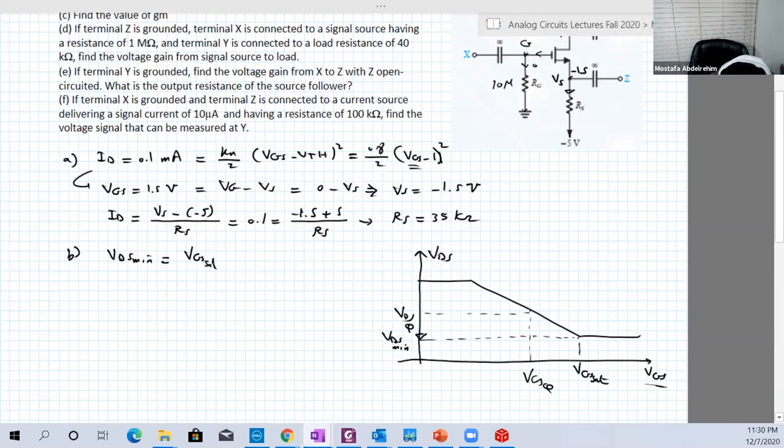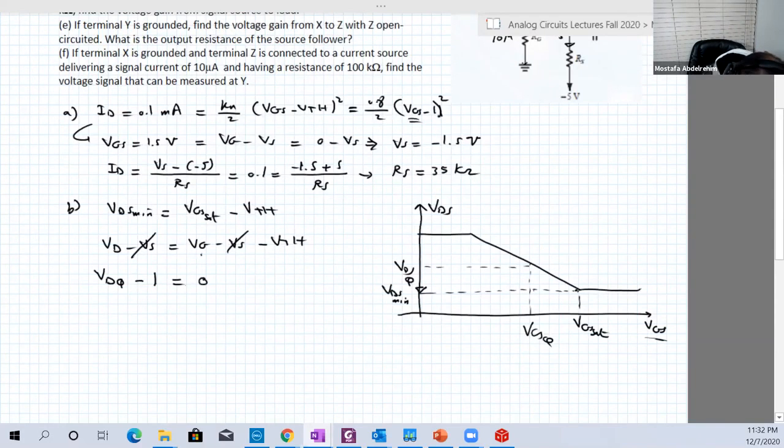So VGS set minus V threshold is equal to VD minus VS, equal to VG minus VS minus V threshold. VS will cancel with VS. So VD is actually at that point VDQ, equal to 0 minus V threshold, which is 1.